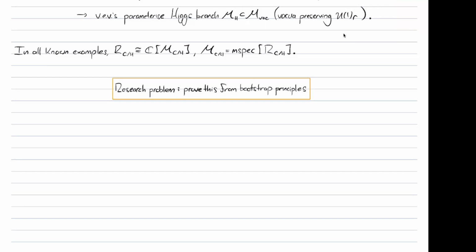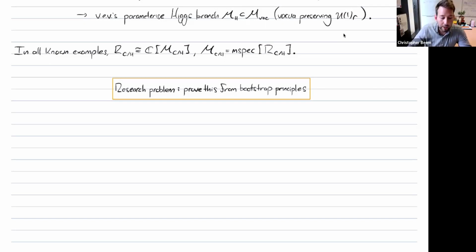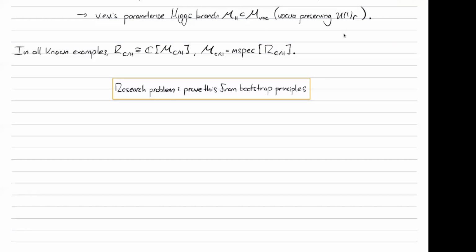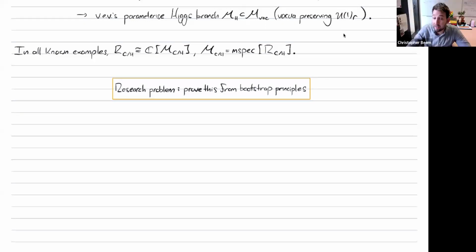Sorry, how should we think about these rings being infinite dimensional if almost every example we know has finite rank? No. The ring as a vector space is infinite dimensional. If you think about just the complex plane and the ring of algebraic functions on the complex plane, that's just the polynomial ring in a variable Z. That's infinite dimensional because you can take Z to the n for any n.